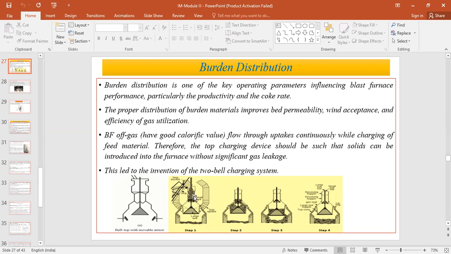One is the erosion of these bells because of the movement of the burden, or because of the impact of the burden on the bells. There is erosion of the bells usually encountered, because of which gases used to pass through from the gaps.